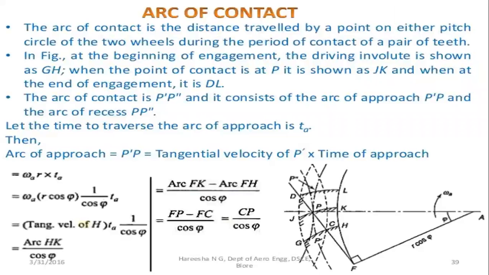So the distance traveled on the pitch circle is called the arc of contact for the two meshing gears.